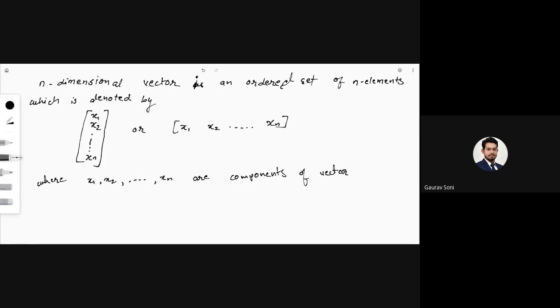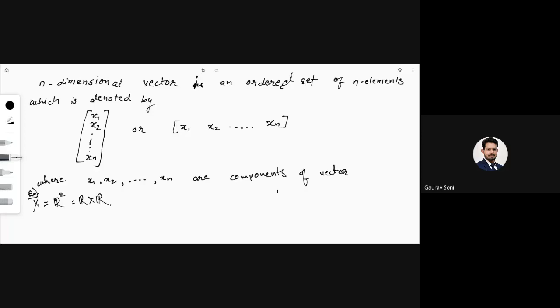Even if this definition looks a bit difficult to visualize, I will take an example, say the space R2. What is R2? R cross R, real numbers cross real numbers. What do we mean by that?